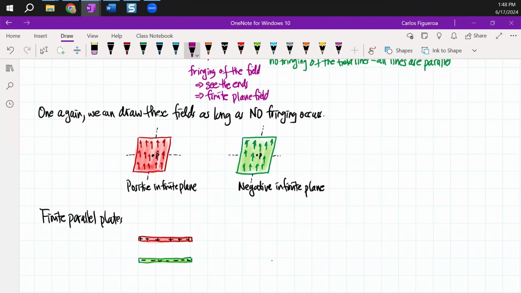And so what I see here is the fields being parallel right here. As I get closer to the edges, I start to see the field fringing. So I'm starting to see the fields bending and bending more and more. And this is what we call fringing.